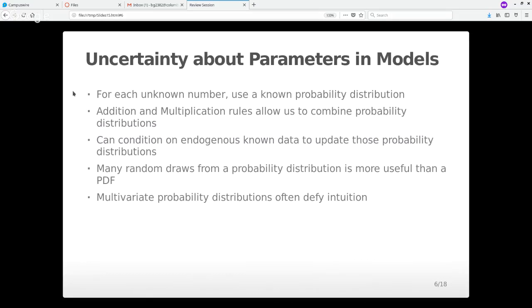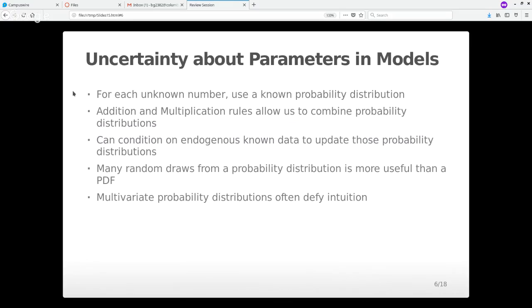Another way in which your intuition can fail you, particularly for multi-level models, is that a mode, even a posterior mode, can be very far away from a posterior mean or posterior median. Particularly the joint mode can basically be anywhere in the parameter space and have no particular connection to a posterior mean or posterior median.